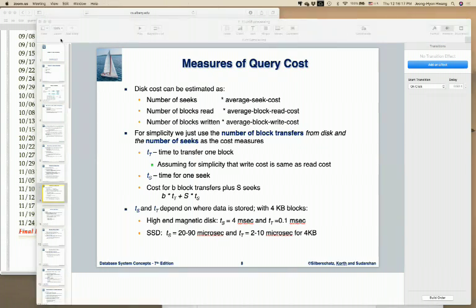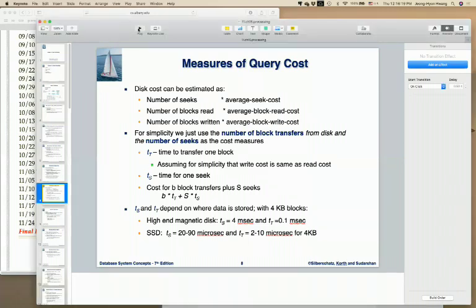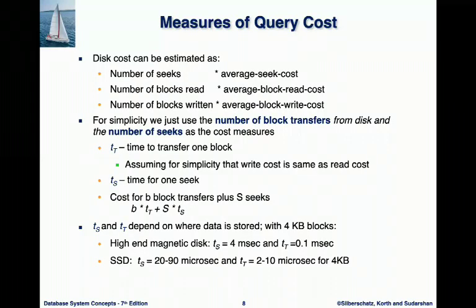So in this chapter, you essentially need to understand two things. Number one, you need to understand how each algorithm works: how each join algorithm works, how each selection algorithm works, how each sorting algorithm works.